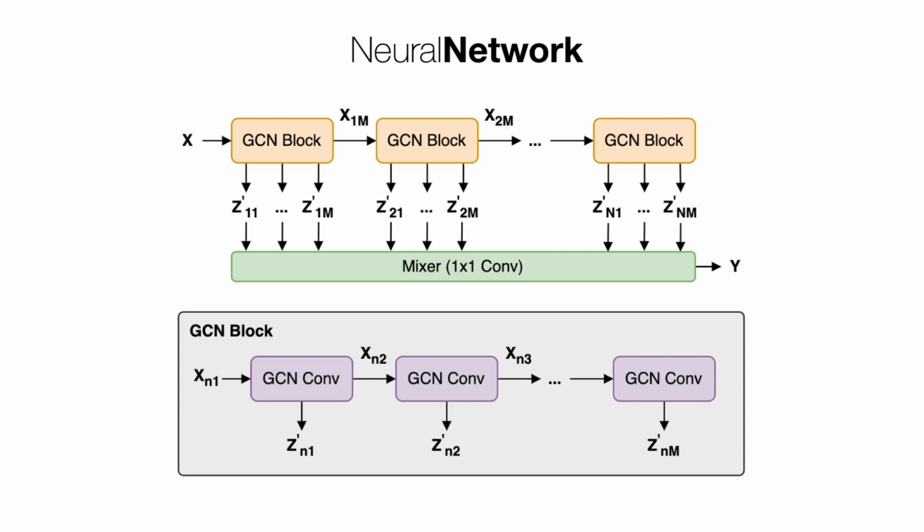As we can see in this block diagram, the so-called gated convolutional network is made of several blocks. Each block includes a series of dilated 1D convolutions, and the outputs of each convolution are sent to a mixing layer to generate the final output.